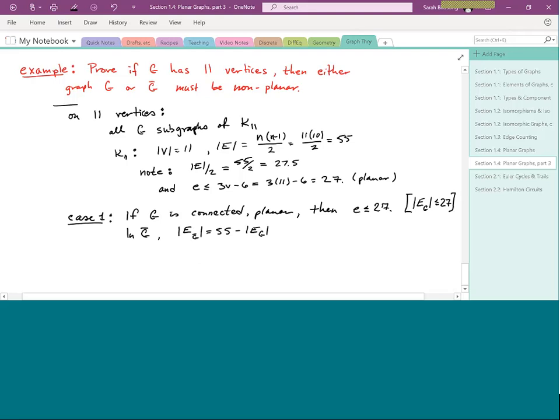Now, I don't know how many edges are in the original graph. All we know for sure is it's not more than 27. So if we convert that into an inequality, because there's a range of possibilities here, this actually tells us that the number of edges has to be greater than or equal to 28. Any guesses why I would pick on the number 28?